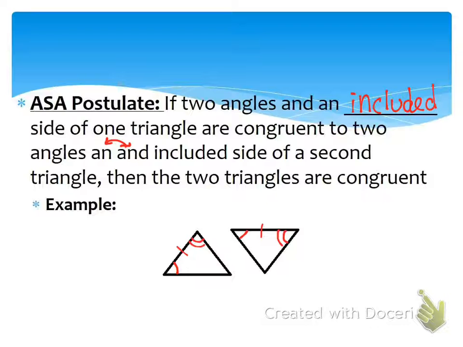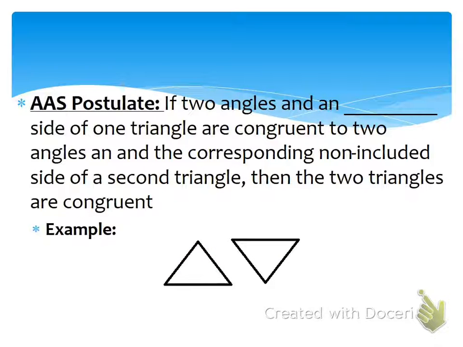Questions about what angle side angle looks like? Can't be any of the other sides. There's only one included side. Are we ready for the next one? This one still involves 2 angles and a side, but how would we say this one? Angle, angle, side. So the order is important.